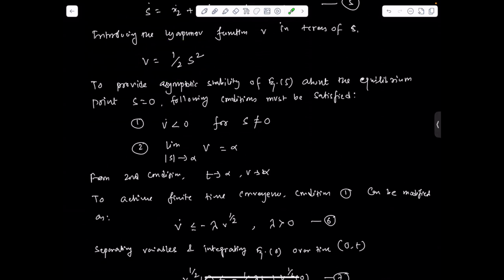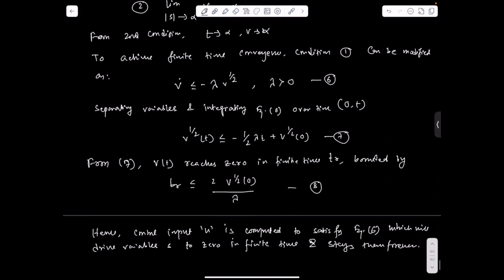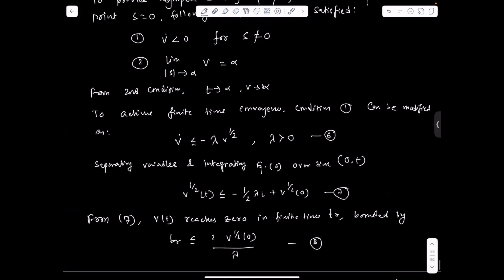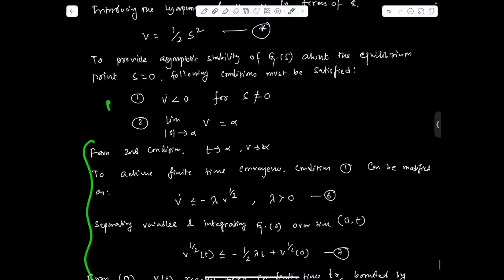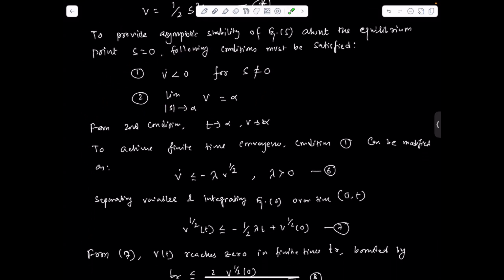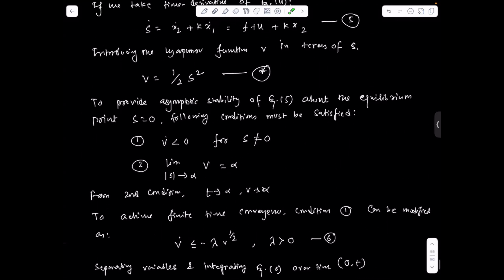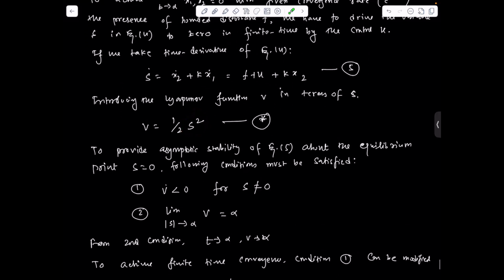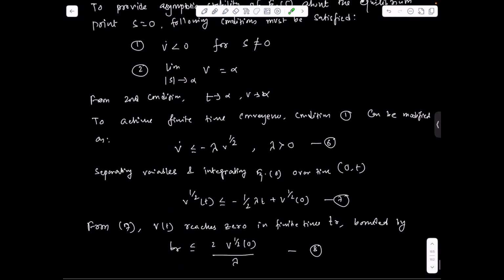Okay, so let us define. So taking the time derivative. So these are the steps to satisfy these conditions. Now we are going to move to our main problem, which is defined by star, the Lyapunov function, which is defined by s, and s is also a function of x1 and x2, right?